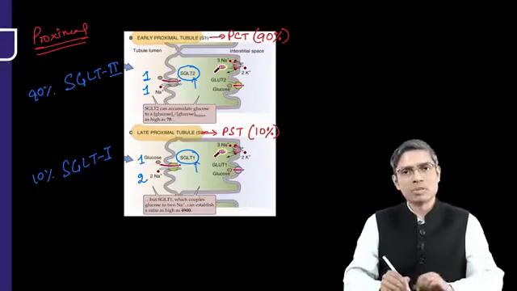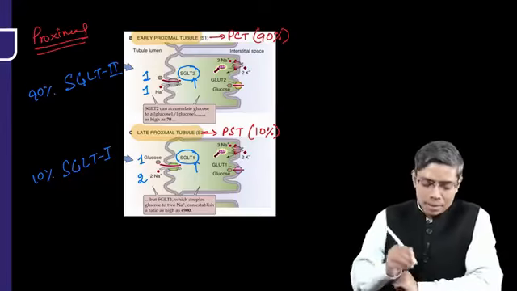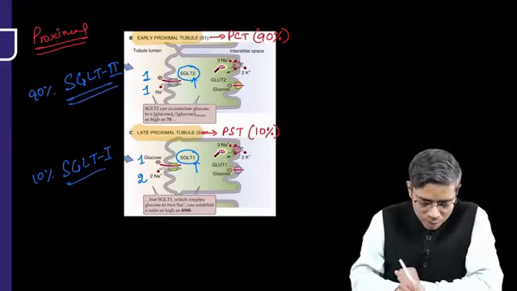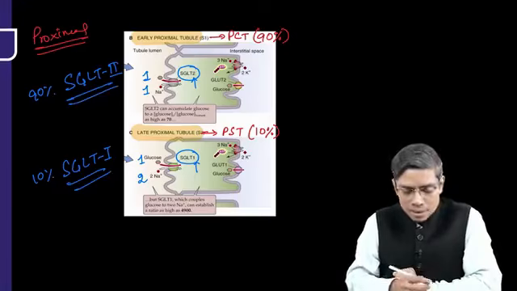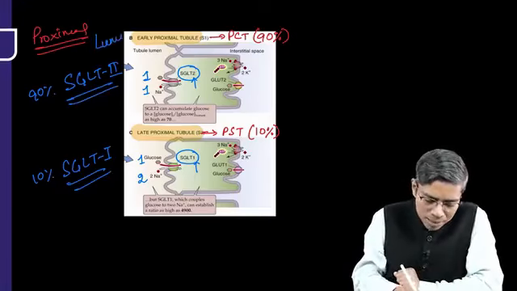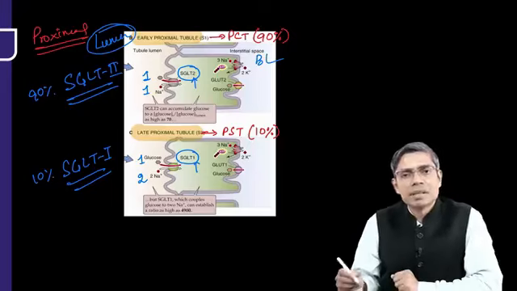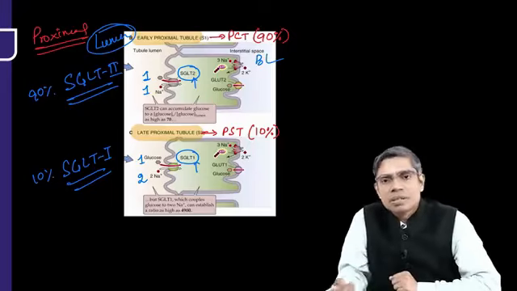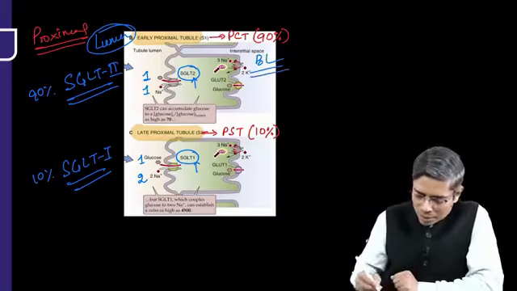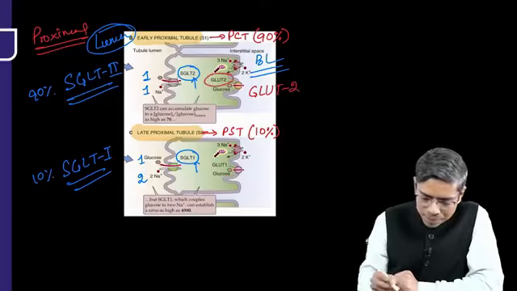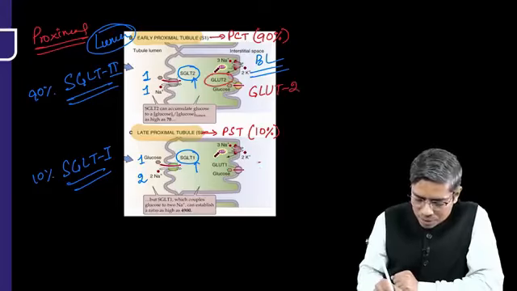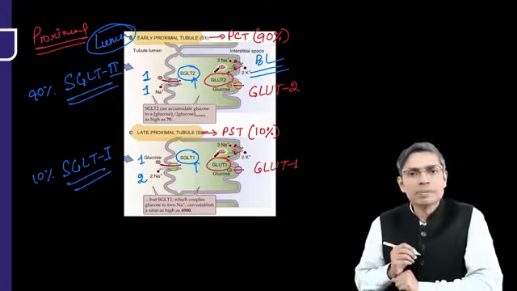Okay. Now, these transporters are present on which side of the cell? They are present on the luminal side of the cell. At the level of the basolateral side, the transporter for glucose reabsorption is different. At the basolateral side, for the proximal convoluted tubule, the transporter is GLUT2. And in the case of the proximal straight tubule, it is GLUT1.